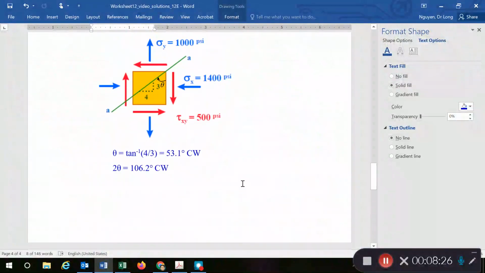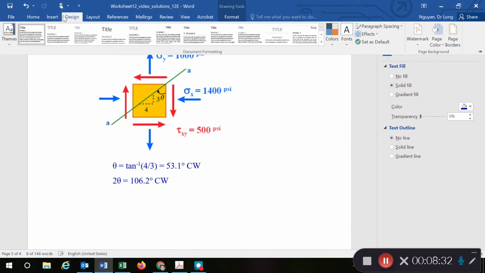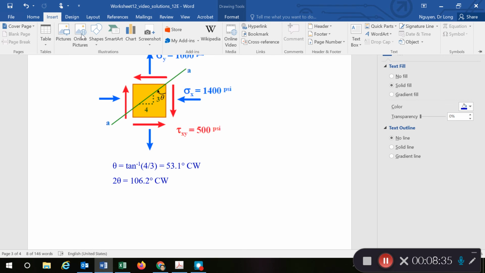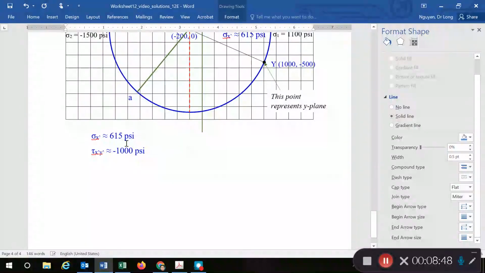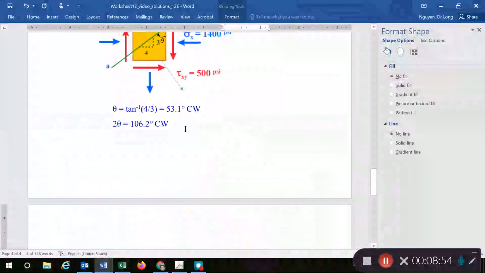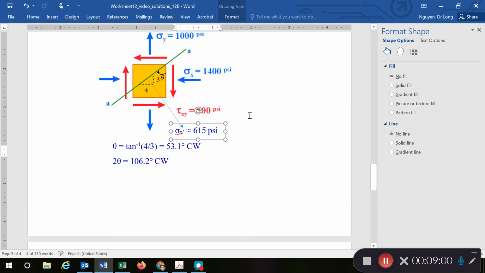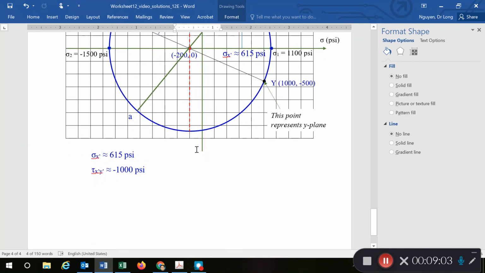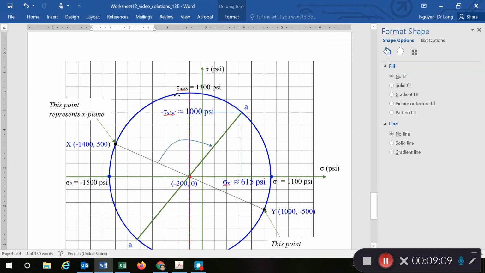In this plot, we can see sigma x apostrophe for plane A is positive, equal to 615 psi, and tau x apostrophe y apostrophe equals 1000 psi.